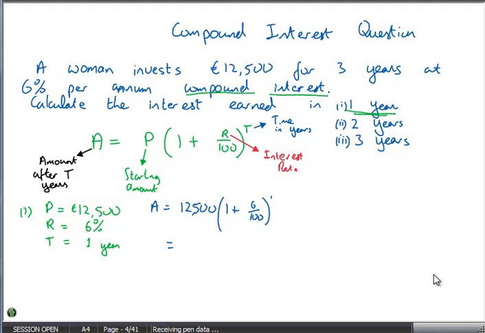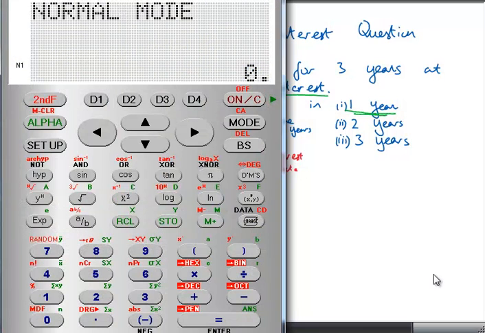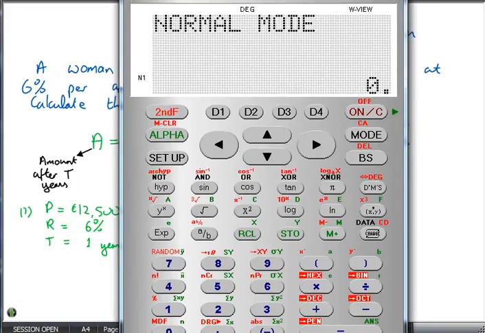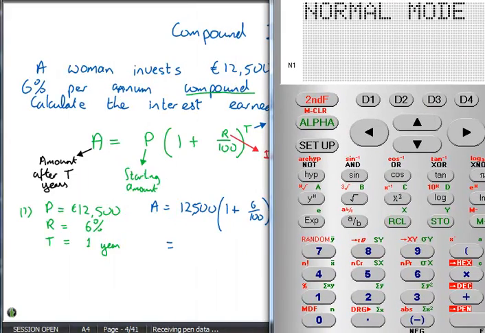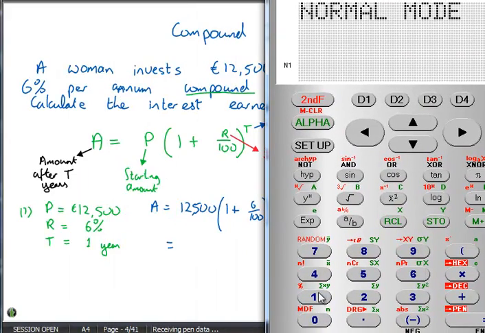Now, let's get the calculator out and have a look at what that is equal to. I'll just move the calculator over here so we can see the sum. We have 12,500 multiplied by, so we can just put the bracket in there exactly as it's written, 1 plus. Now we have a fraction, so you need the fraction key here.